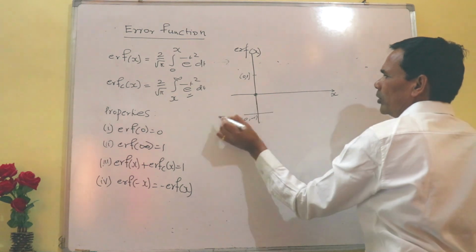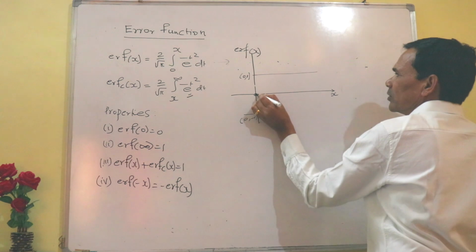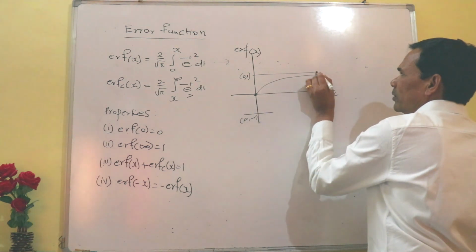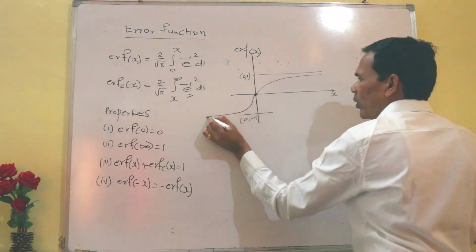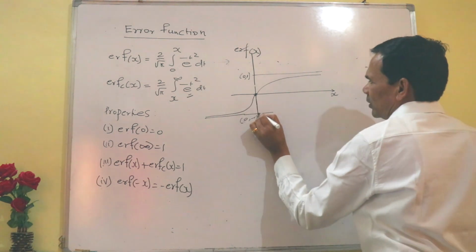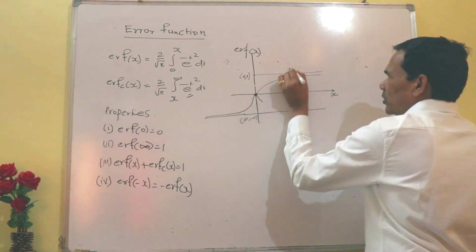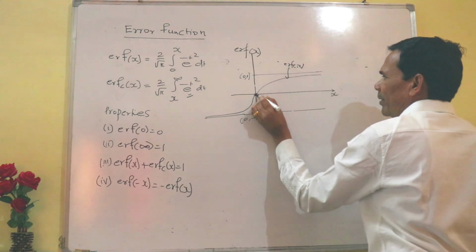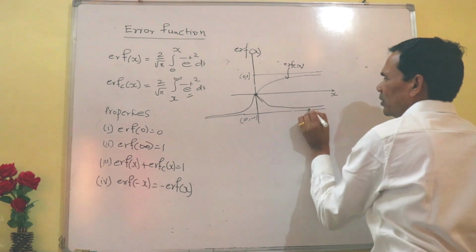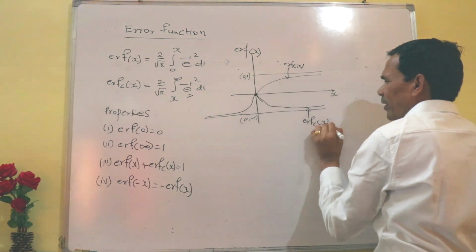Error function of 0 is 0, so it would be something like this, it has an asymptote. Error function of infinity is equal to 1. Similarly, the complementary error function of x is this. So this is the error function of x and this one is the complementary error function of x.